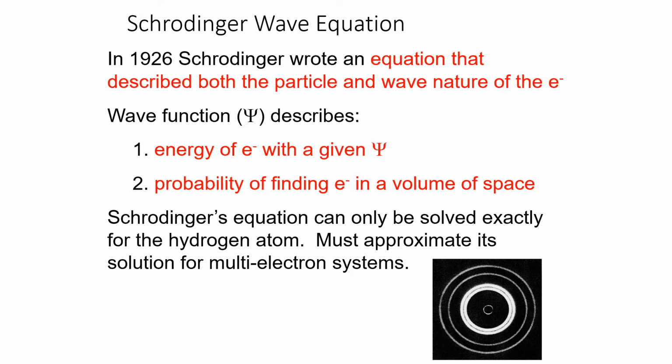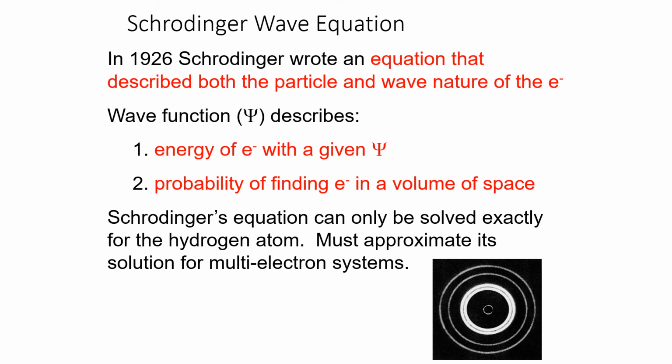Now, Bohr's model could not be applied to multi-electron systems or elements or atoms. Schrödinger's model, like Bohr's, solves exactly for the hydrogen atom, but it is a good approximation for the solutions for the multi-electron systems.